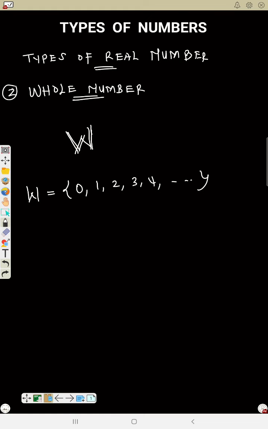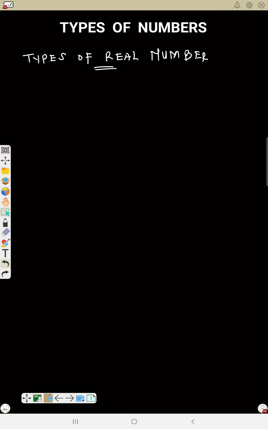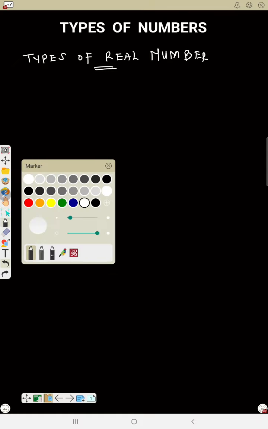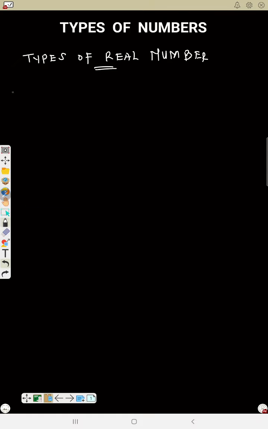So let's move on. Number 3, integers. Integers are defined as negative counting numbers, that is, negative natural numbers.